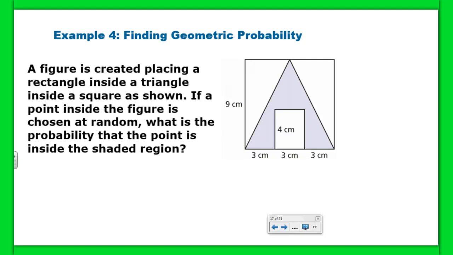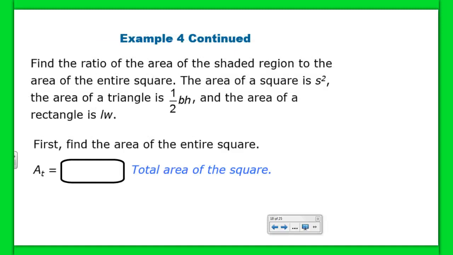If a point inside the figure is chosen randomly, what is the probability that the point is inside the shaded region? So we're going to find the ratio of the area of the shaded region to the area of the entire square. The area of a square is simply a side squared, and you know the area of a triangle is 1/2 of base times height.